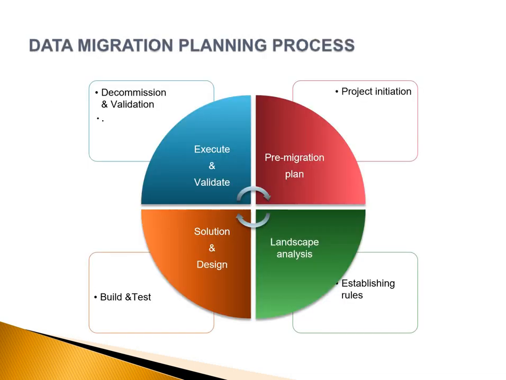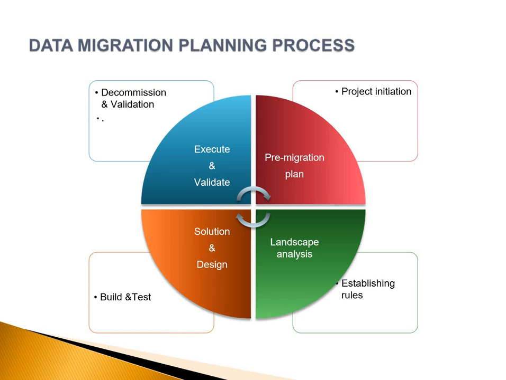Here comes the data migration planning process. Data migration is a complex procedure which can be successful with a substantial planning strategy. There are four phases in this planning process. The first is the pre-migration plan.